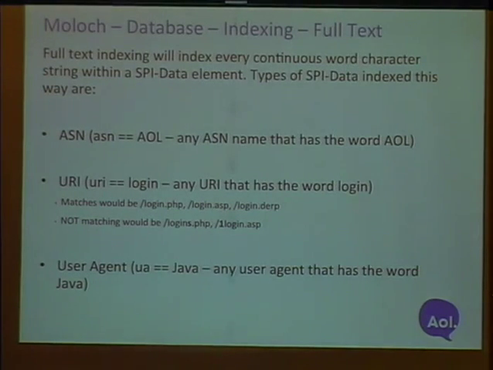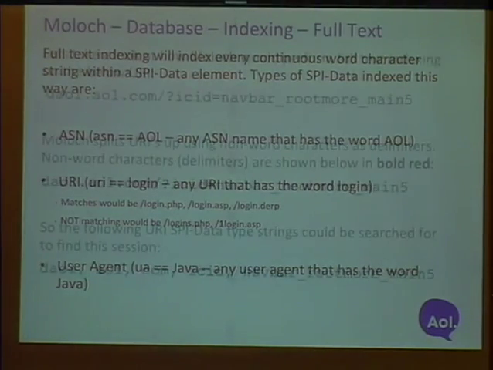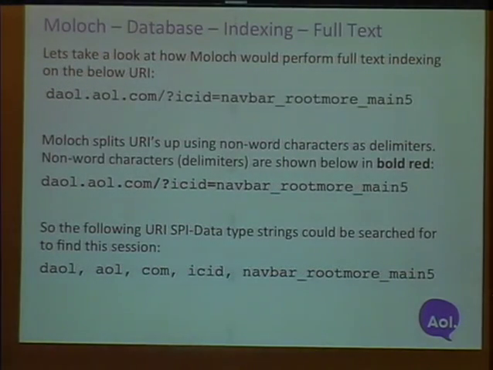This is very fast for Elasticsearch to do. For example, Elasticsearch would break up this URI wherever there's any non-word delimiters, and you would end up with these tokens, and then you can search for those tokens, and it will find this URI.